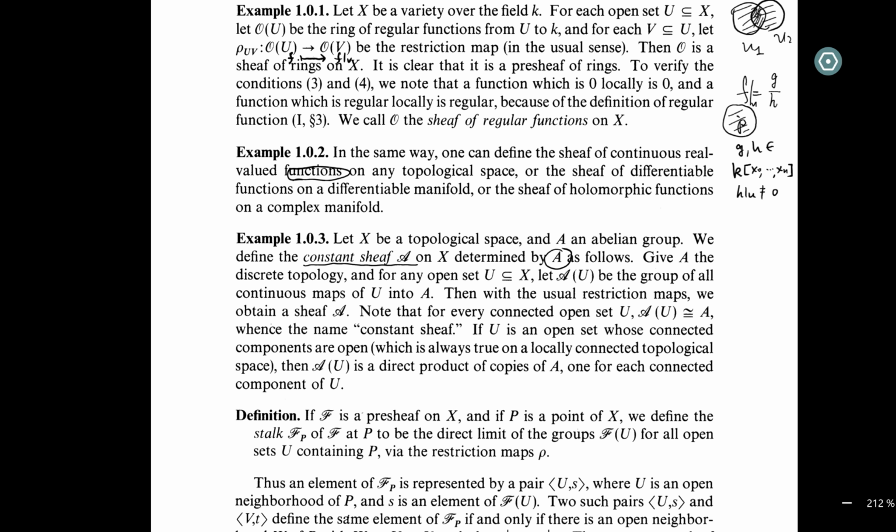Okay, so for any open set U in X, define this. This is the sheaf we're going to define to be the group of all continuous maps of U into A, with discrete topology.